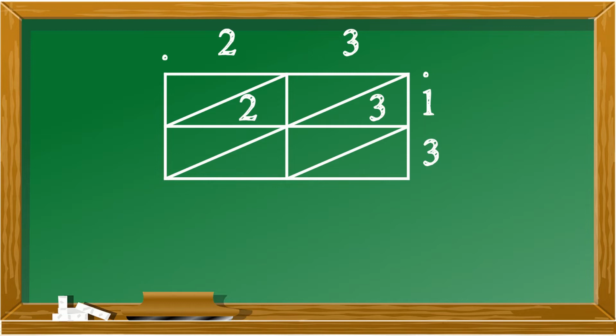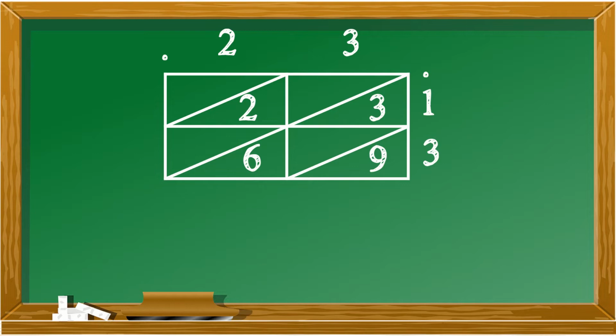Again, we will multiply 3 to each digit of the multiplicand. So we have 3 times 3 is 9. And then 3 times 2 is 6. So as you can see, the upper parts of the boxes are empty because we got only one-digit answers.